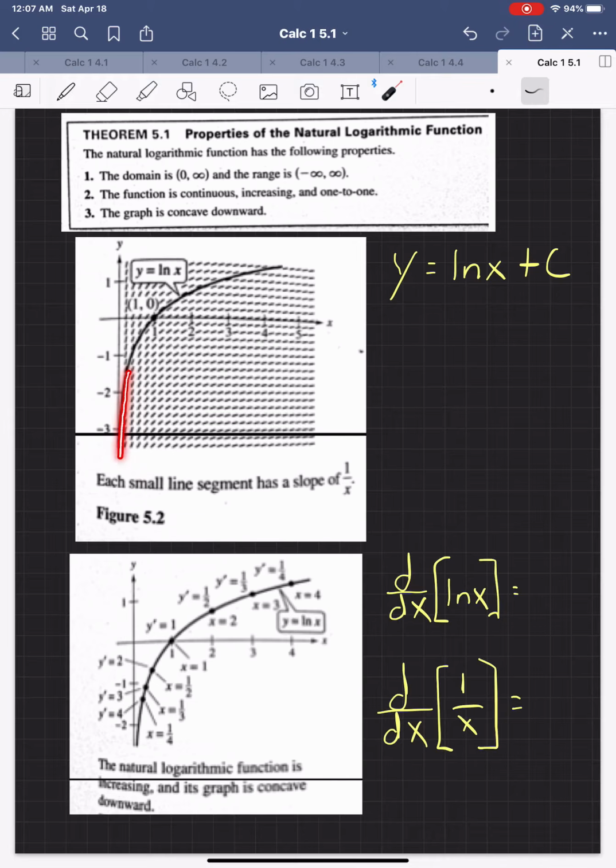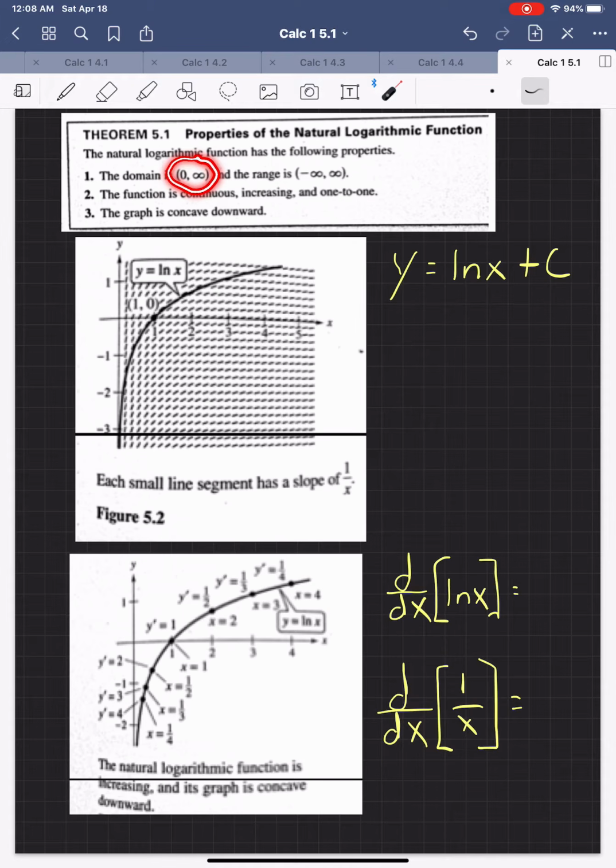It will continue in this fashion, but you will never reach 0, nor will you reach the negative x values. So for the domain, you can try ln of 0 on your calculator. You can try ln of -2 on your calculator. It will give you an error. So the domain is from 0 to infinity.